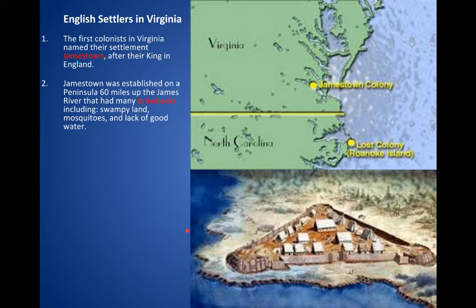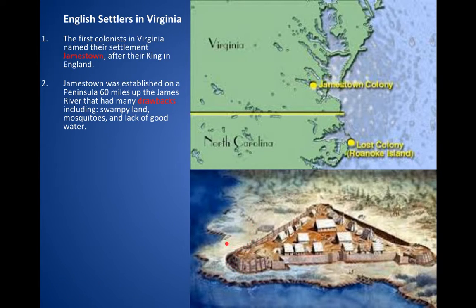The English and Spanish at this time were not getting along. They were enemies, and the English were afraid that the Spanish would come and destroy their settlement in the New World, destroy their Jamestown colony. So they built this fort right on the river, so it was a good spot to see if Spanish enemies were coming right on the James River. So that was a good thing about living in Jamestown. You could see if the Spanish were coming.